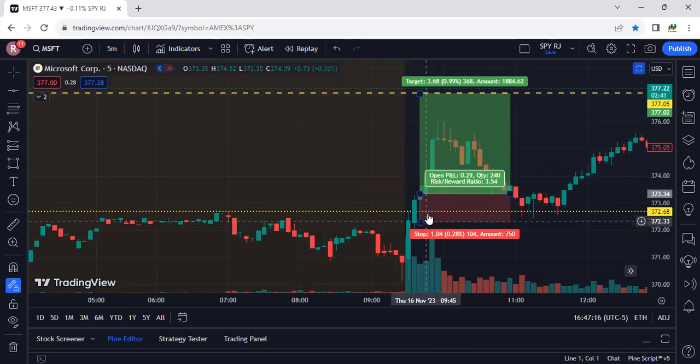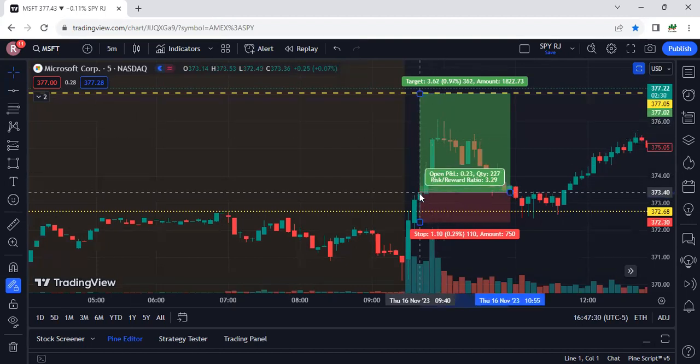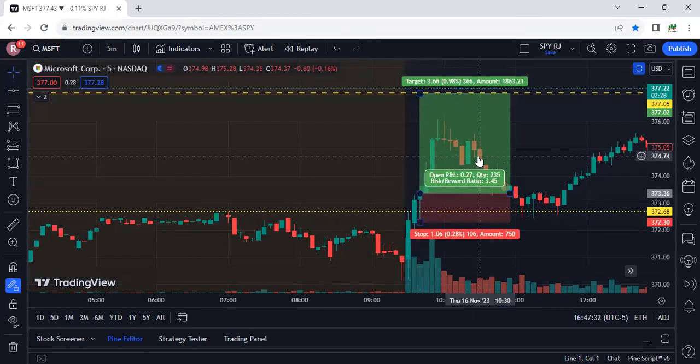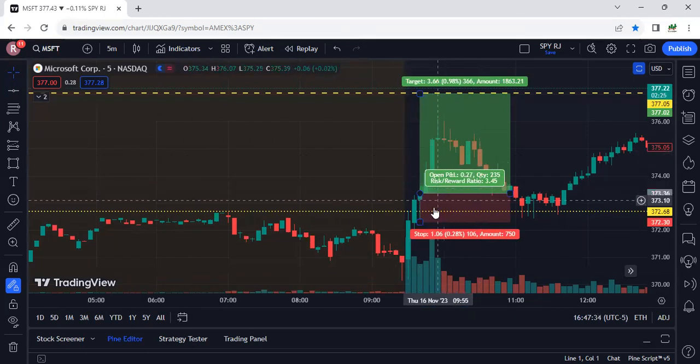So I'm risking $1.04 to possibly make $3.68 relative to where the stock was at this time right here. That changes when you start moving. So this is above a 3 risk to reward. The stop loss is simply under one candle.